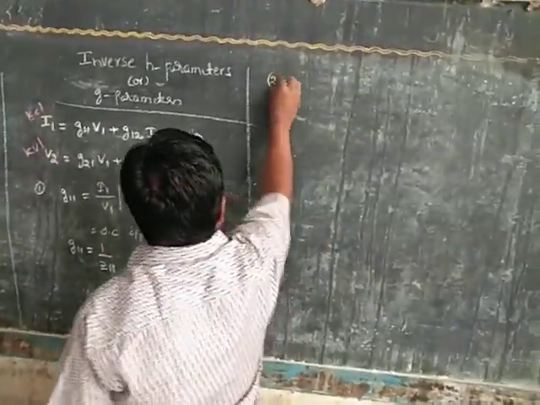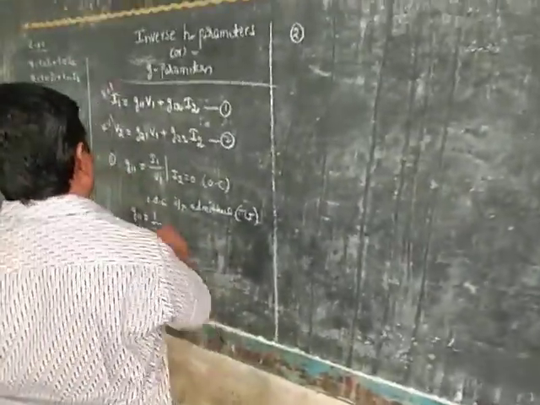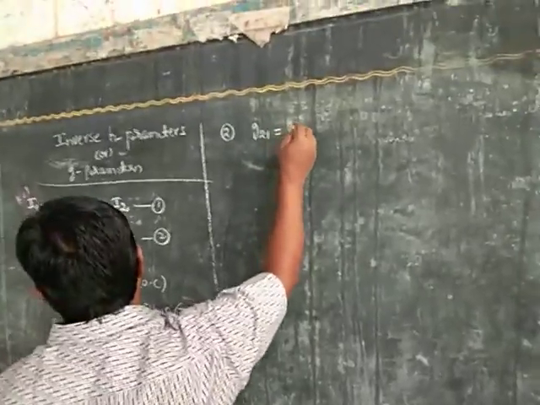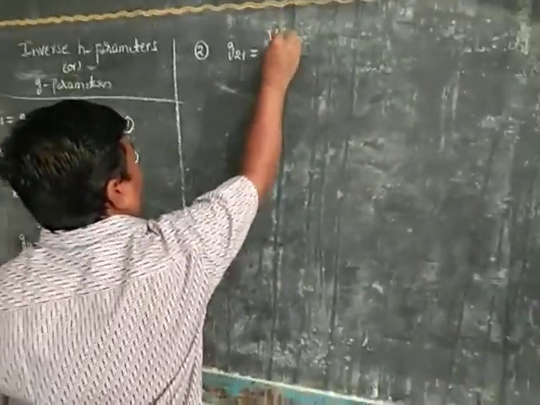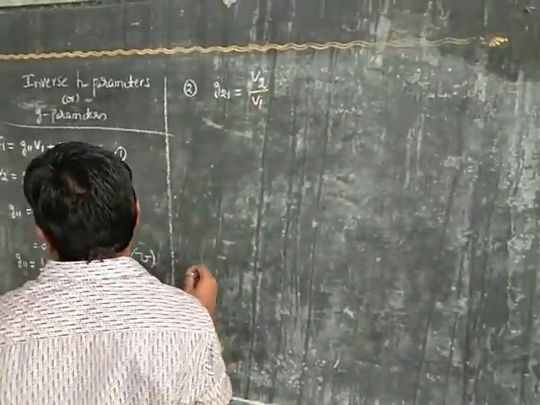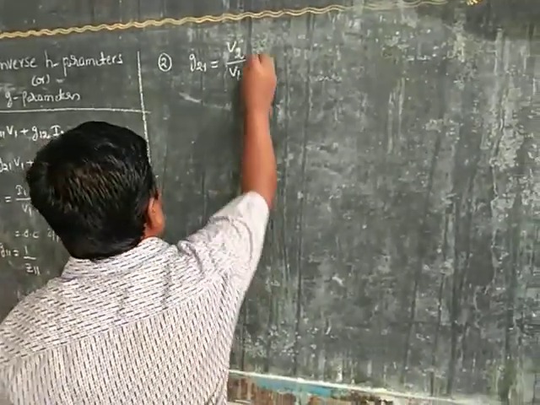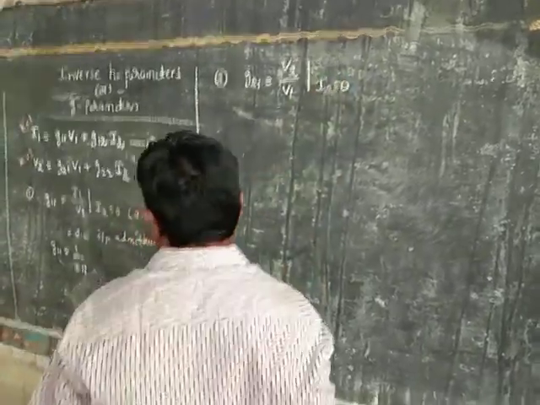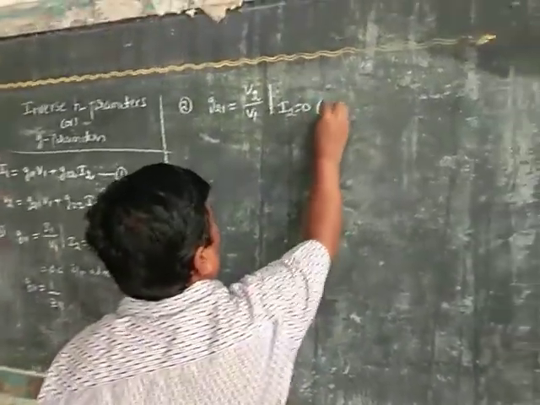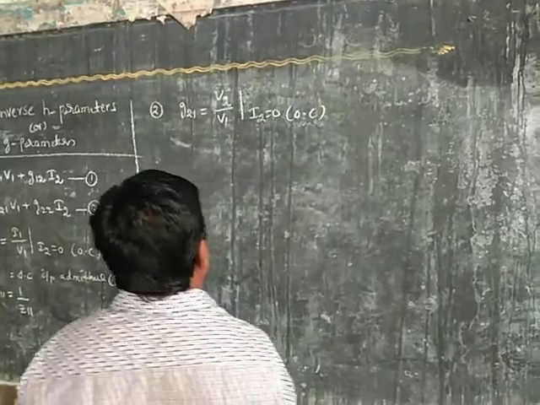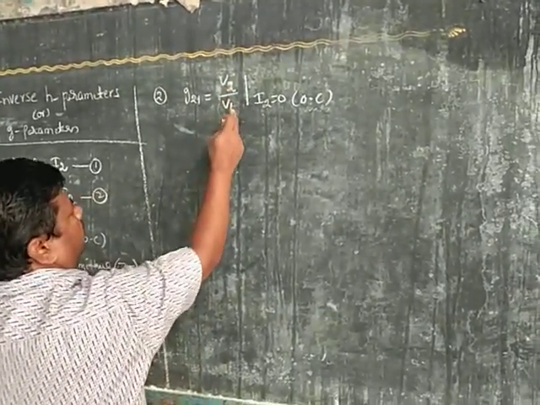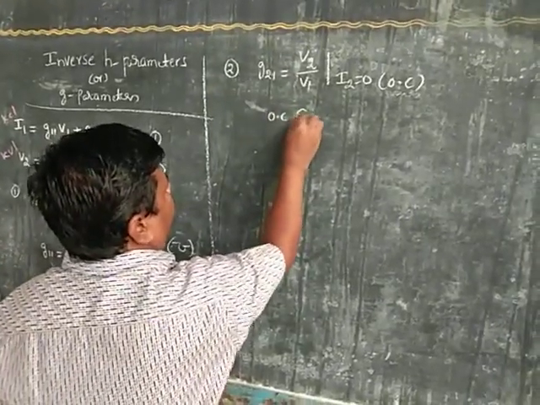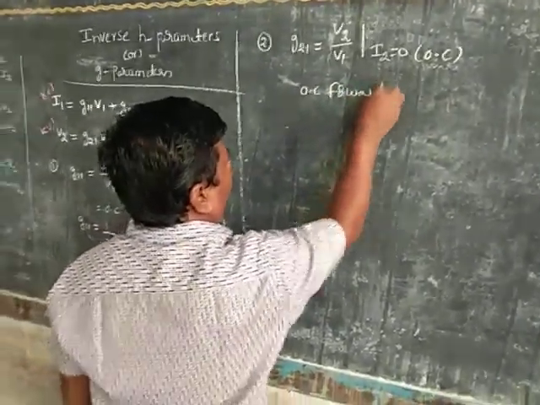Second parameter is G21. G21 is equal to V2 by V1 when I2 is equal to 0. I2 equal to 0 means open circuit. Output by input: open circuit forward voltage gain.